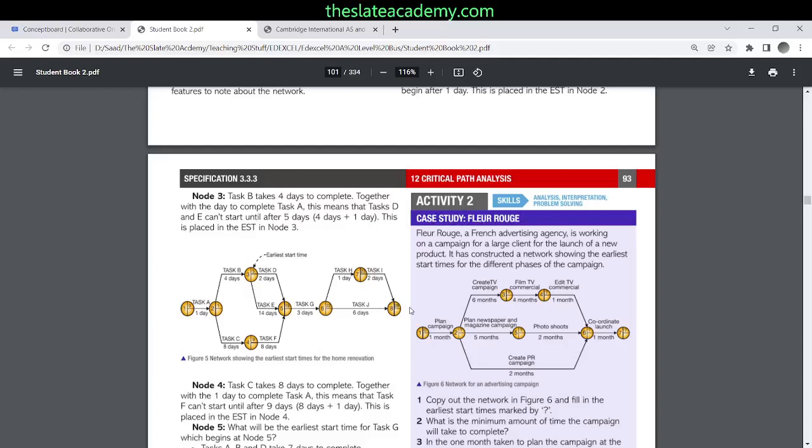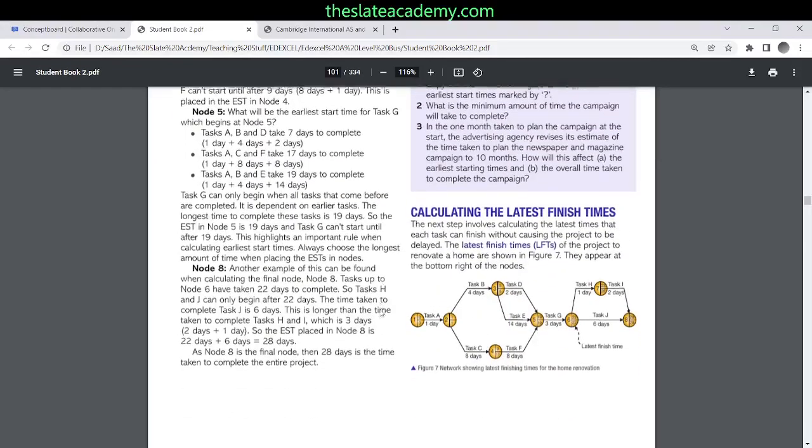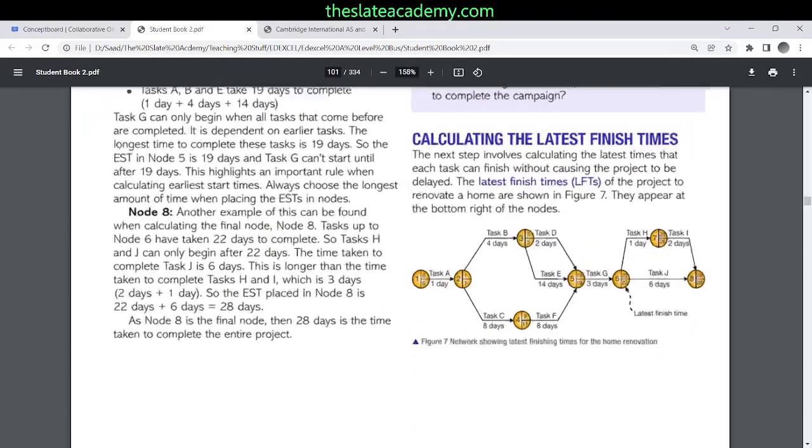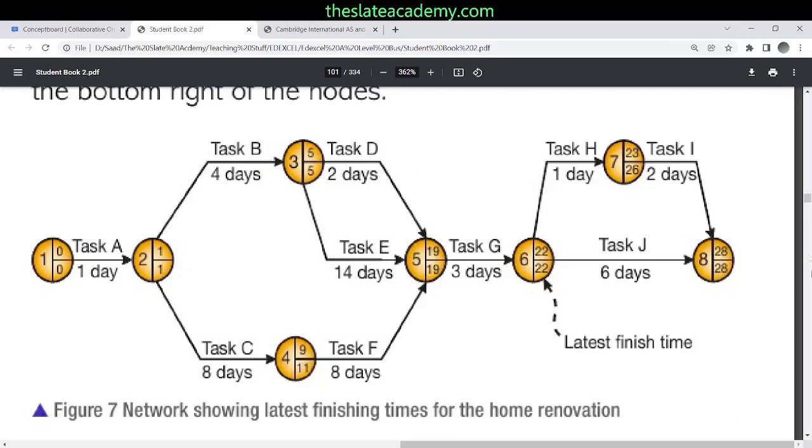Now going back, I calculate latest finish times. For latest finish times I'll just be subtracting the days. For example, over here, let's go to this example. Here we have 28 days. 28 minus 2 is 26 days over here. 26 minus 1 is 25, and 28 minus 6 is 22. We take the smaller one.